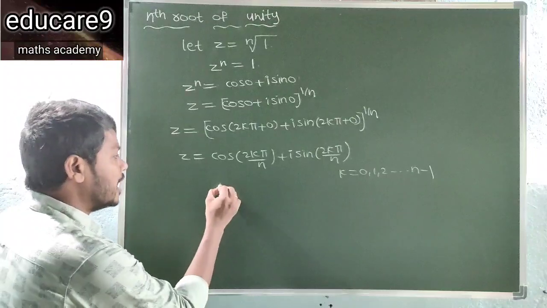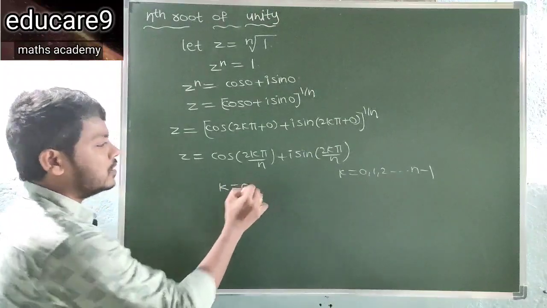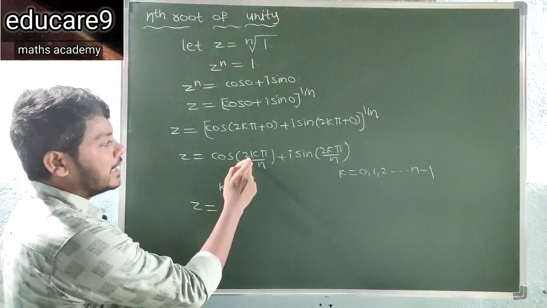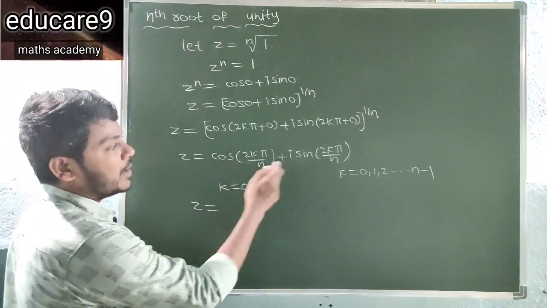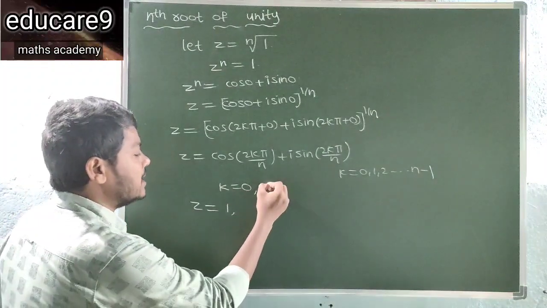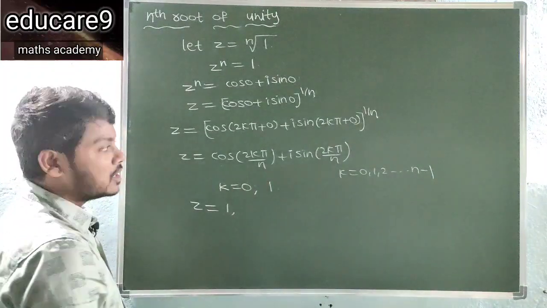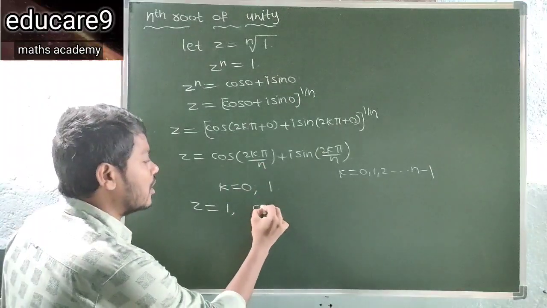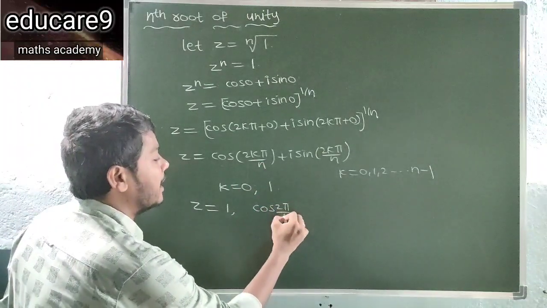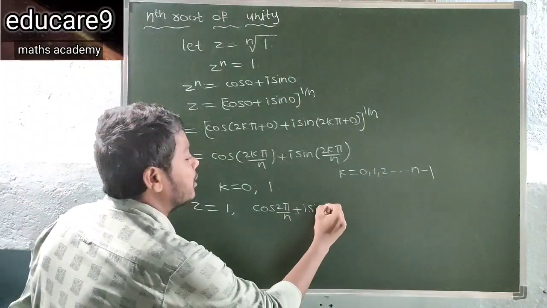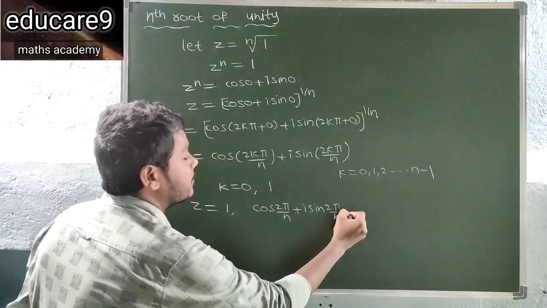For example, k equals 0: cos 0 is 1 and sin 0 is 0, so you get 1. If k equals 1, you get cos 2 pi by n plus i sin 2 pi by n.